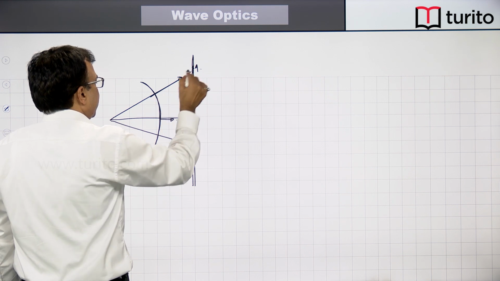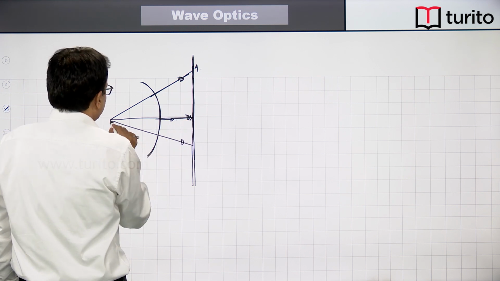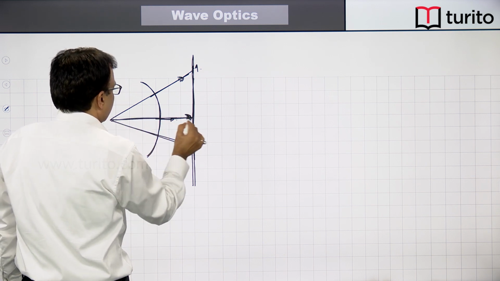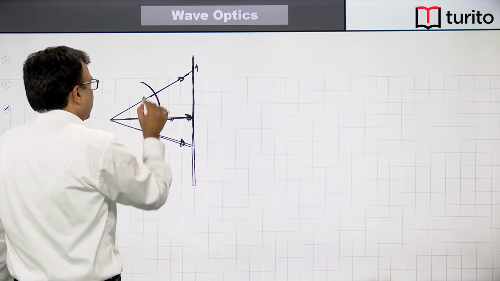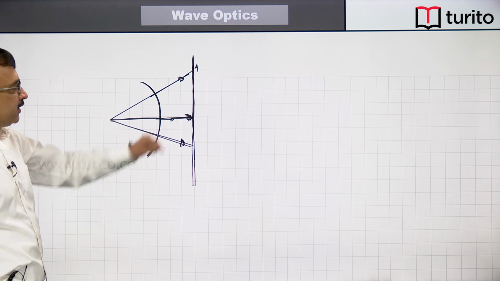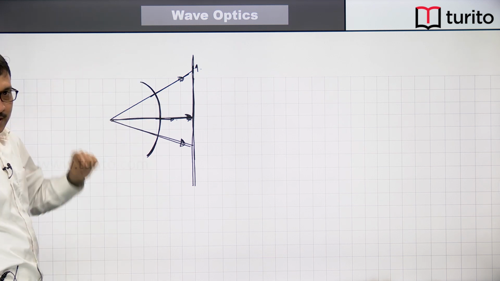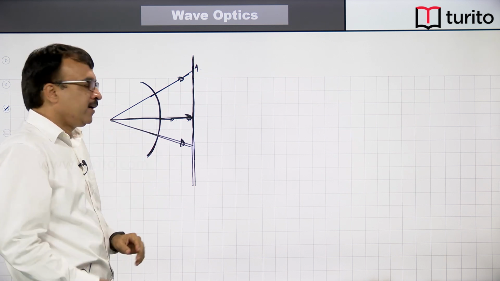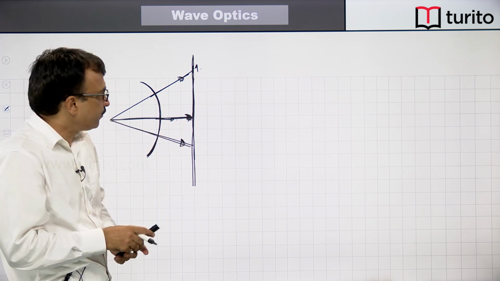This is the mirror and these are the waves. If this is the wavefront, then rays will be falling on the mirror like this, and these rays are diverging.